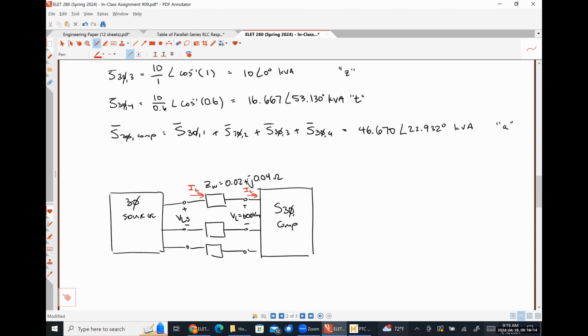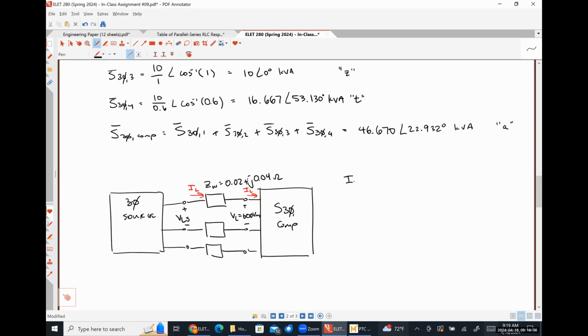So how are we going to solve for that current IL? How did we do it 5 minutes ago? Apparent power divided by √3 VL, right?